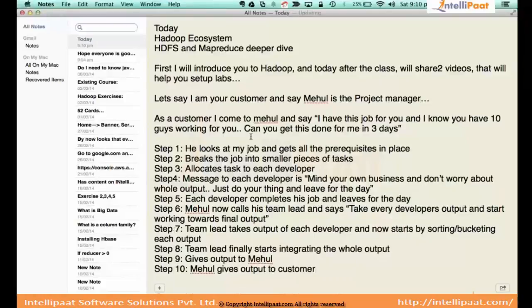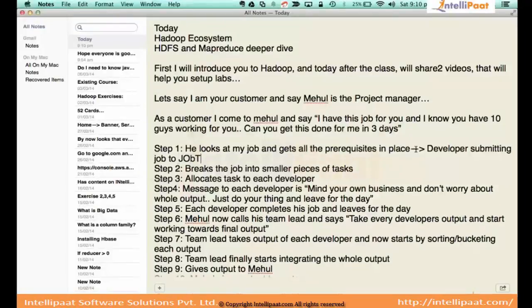Now if you take this scenario, I am the developer and Mehul is the job tracker. When I give my task to Mehul, it is the developer submitting a job to the job tracker.